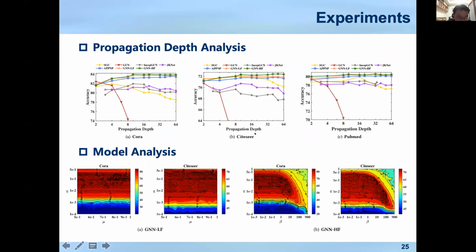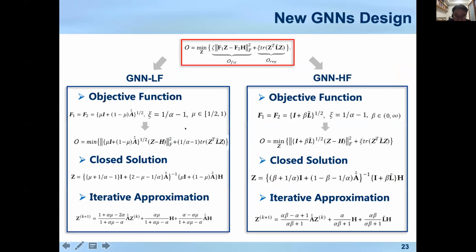In fact, it's a parameter analysis. The alpha and mu are two parameters. Yeah, the mu and alpha. These two parameters control different components.